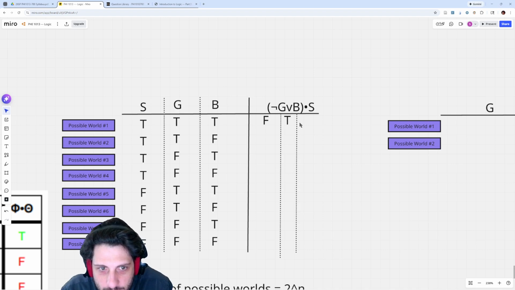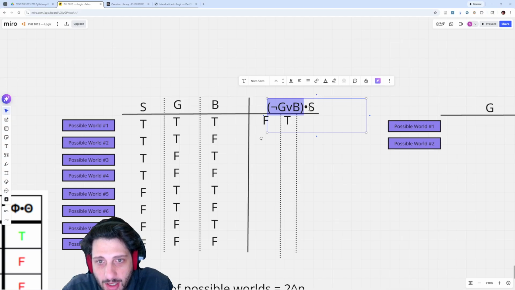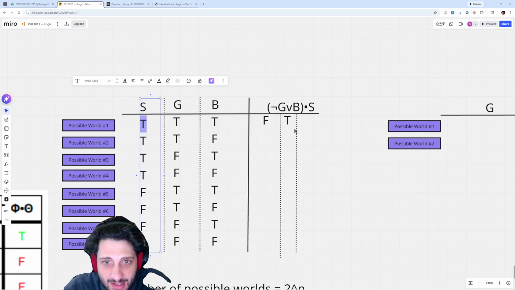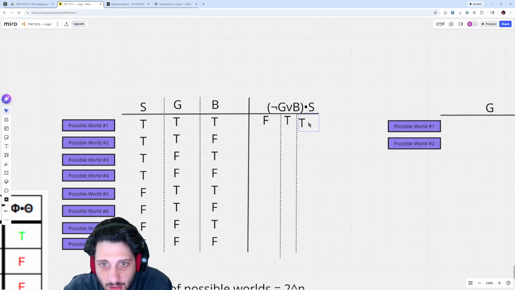Now I actually know the truth value of this whole sub-statement here. This whole thing here is true. So I have this conjunction. It has a true on the left-hand side, and it has a true on the right-hand side, because in world 1, S is true. So that means that statement is also true.